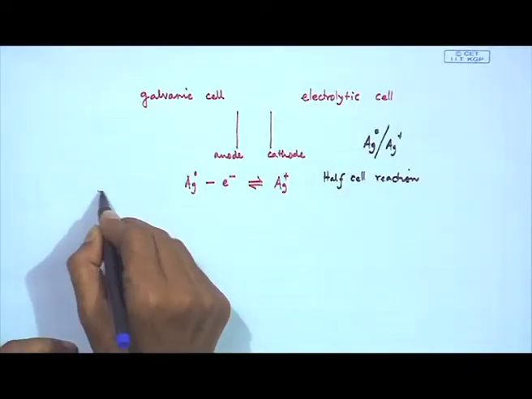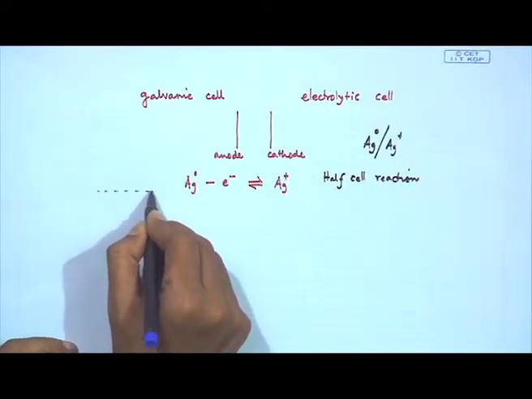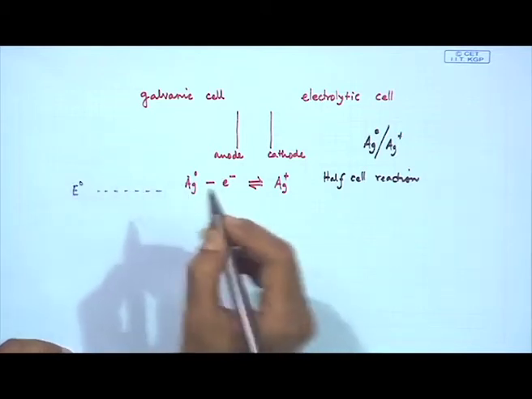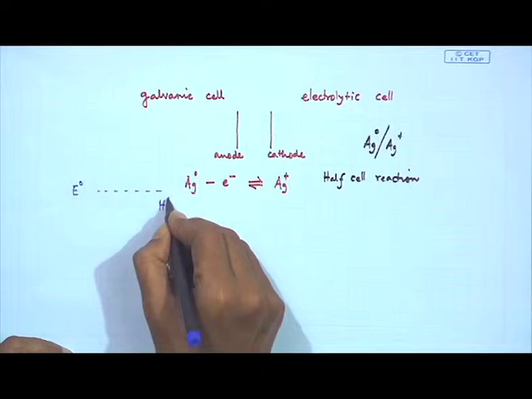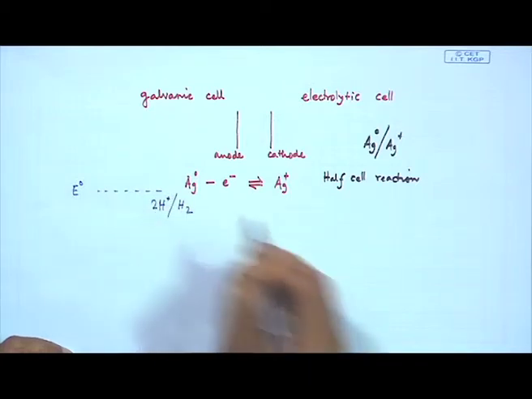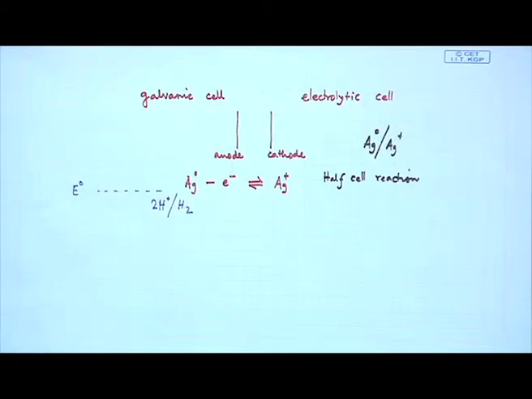From our school days also, we know that we consider the corresponding E0 value for the hydrogen electrode. The hydrogen electrode is the corresponding reduction of H plus reducing to hydrogen gas.